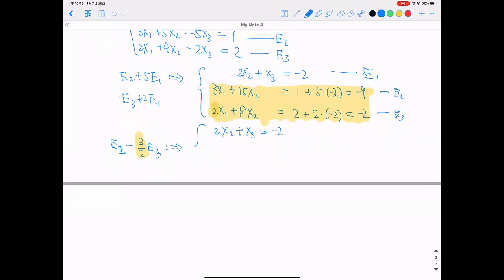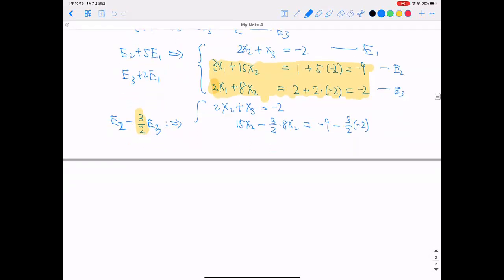Now x2 is a different story. So I have 15x2 from E2, and I'm subtracting from it 3/2 of 8x2. Now on the right hand side, I have negative 9 from E2, and I'm subtracting from it 3/2 of negative 2.